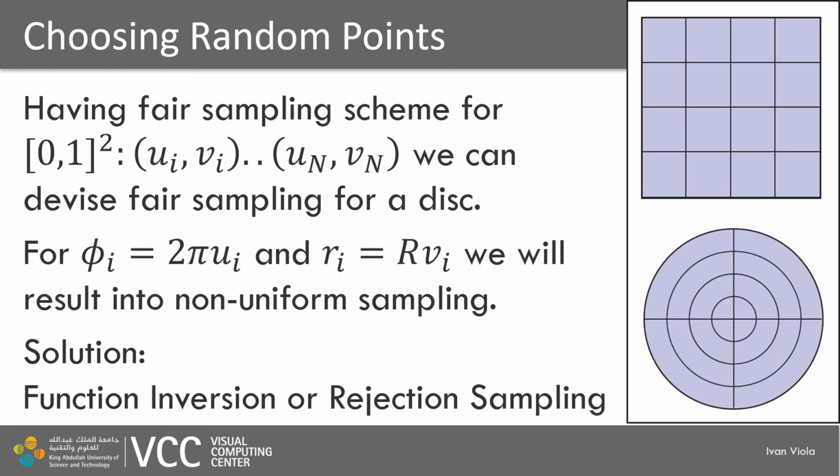Now we are coming to the topic of choosing random points and choosing them in a fair way. For example, if we have our canonical random variable, we can use it for sampling a one-dimensional interval between 0 and 1.